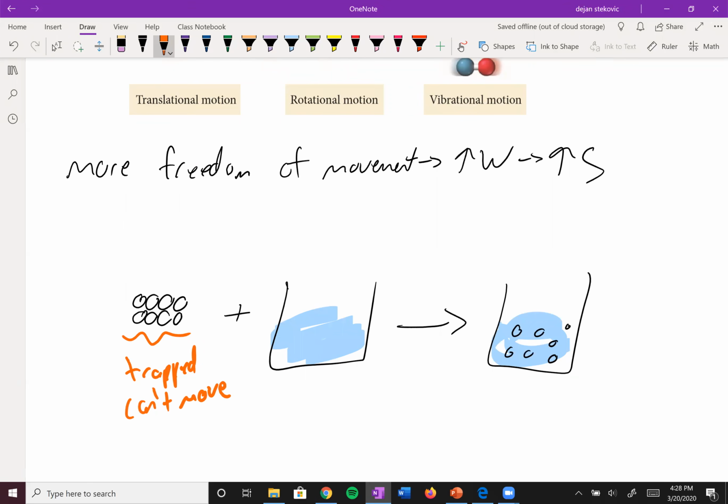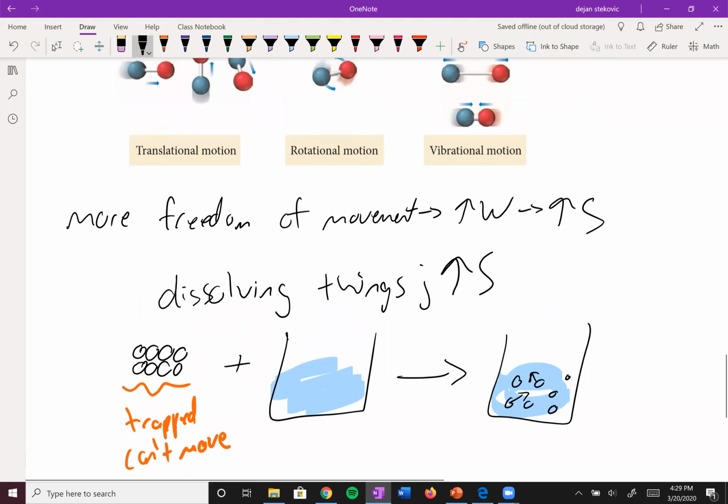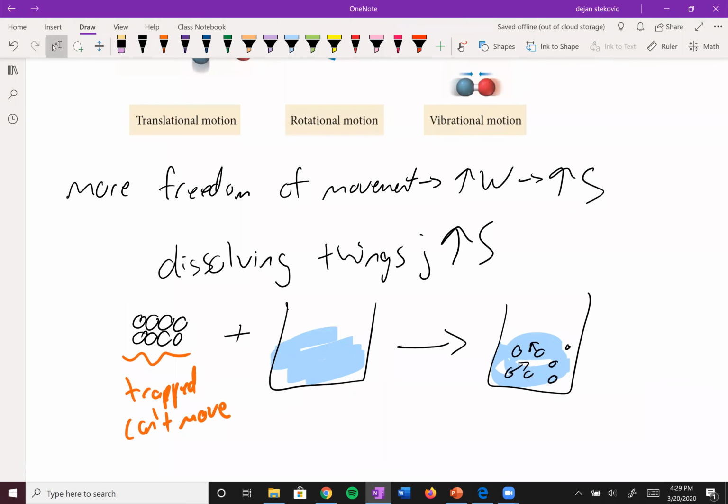And then once you dissolve them, these guys are free to move around, and so you can organize them in more ways and increase the entropy. So again, dissolving things, generally an increase in entropy, which we can see is a major driving force of spontaneity. Next, we'll go over another type of measurement that gives you spontaneity.